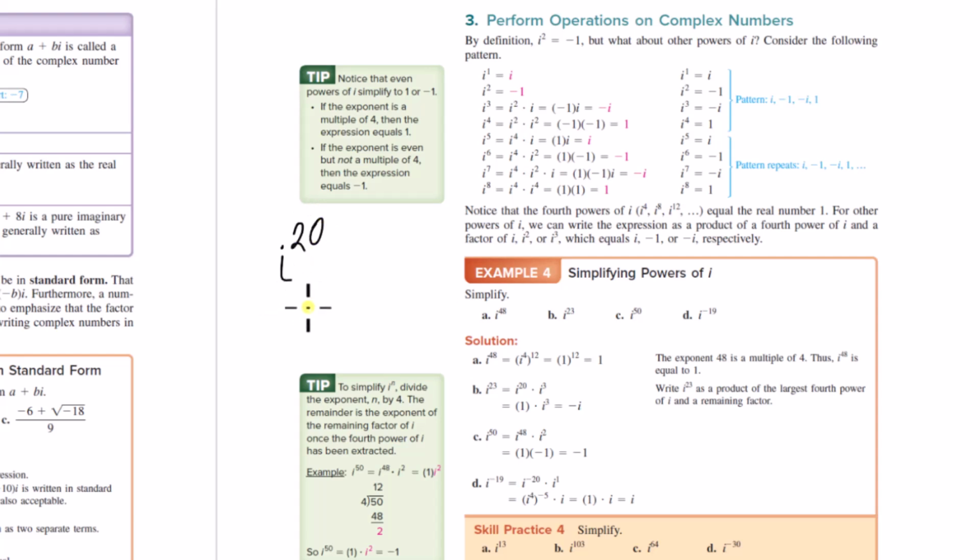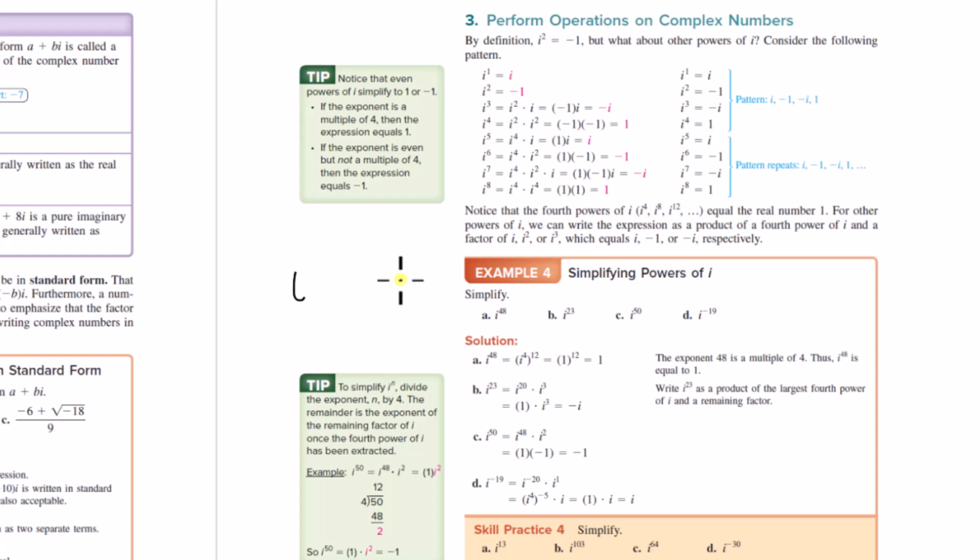Even if it's like i to the negative 1, which would be 1 over i, it's just a number like any other number. You can simplify this. So how do we simplify i to a positive integer power? We're only looking at i to integer powers here.